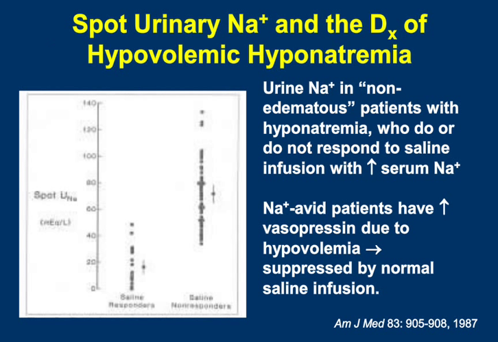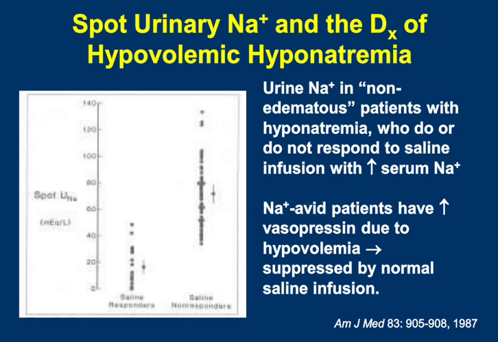So if we go back to the bedside, where did this urine sodium of less than 20 come out? There's really one primary paper from many years ago from Denver where they took patients who were clinically judged to be euvolemic and they looked at their urine sodium before and after they gave them saline, and they looked at their serum sodium before and after they gave them saline.